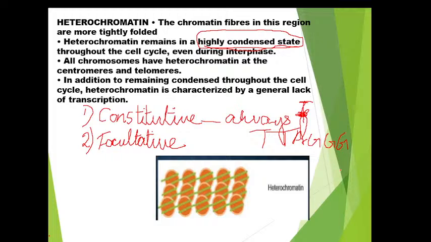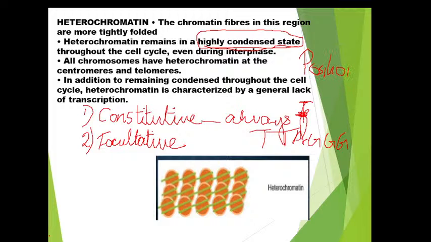Another peculiarity of this constitutive heterochromatic region is that when an active gene moves near to this heterochromatin, the active chromatin will become inactive, and that is known as position effect. Important, position effect.